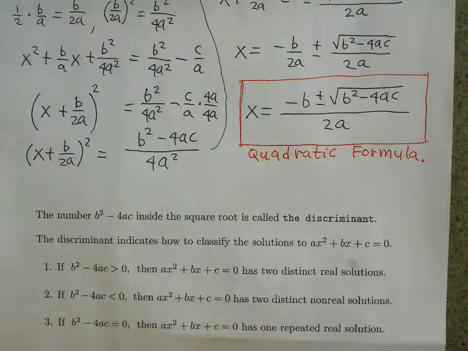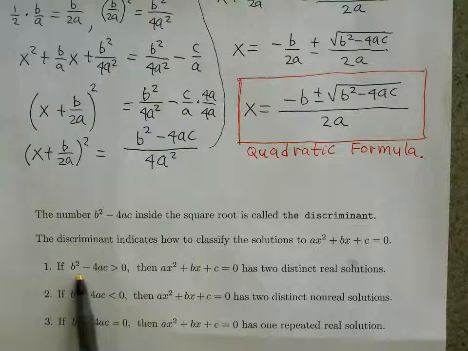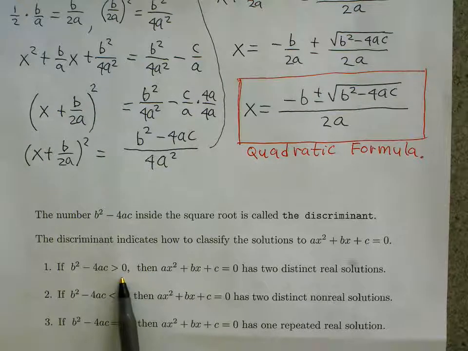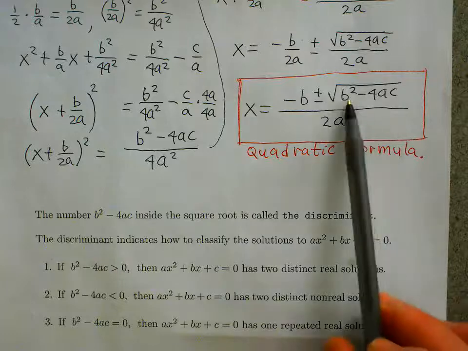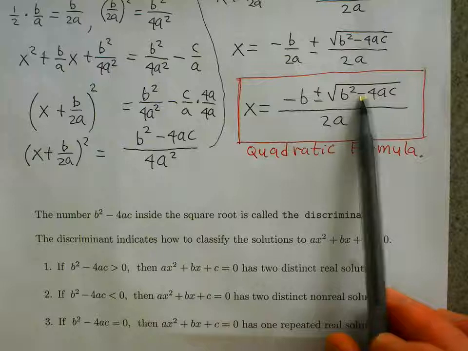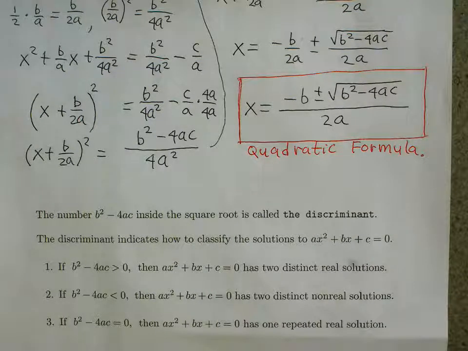Okay, so if we think about these three statements that follow, it should make sense. If b to the second minus 4ac is greater than 0, then that number that's inside the square root is positive, and the square root of a positive number is a real number.